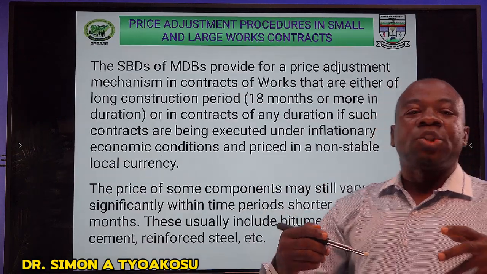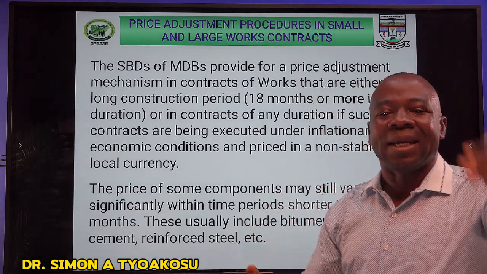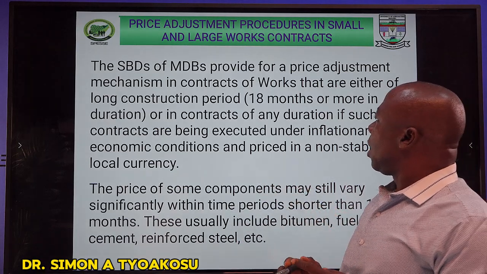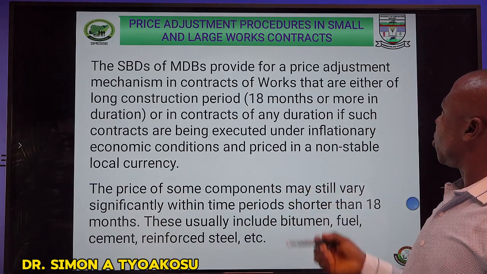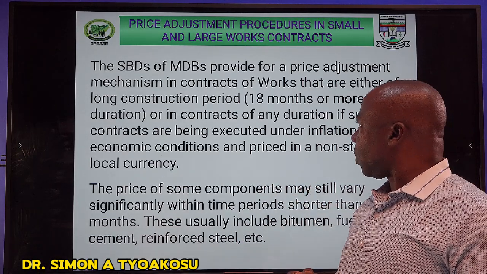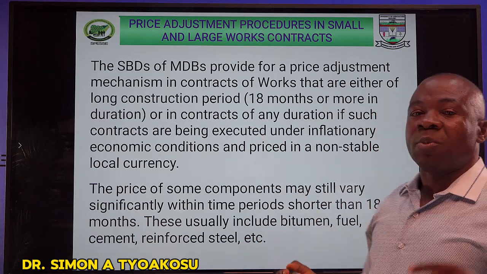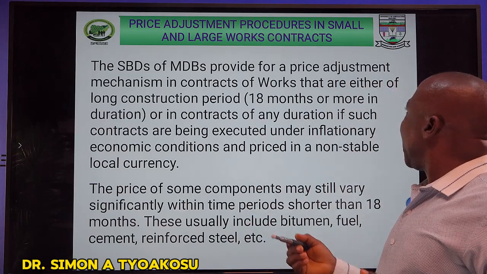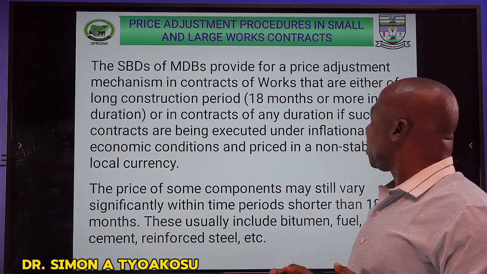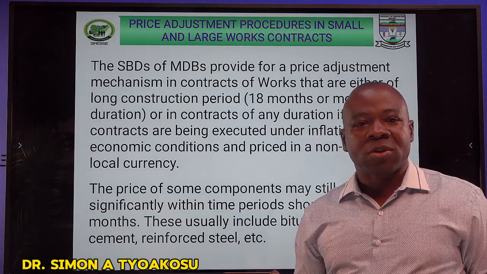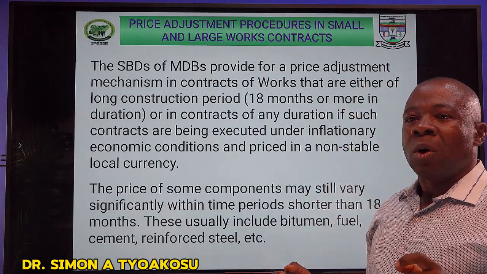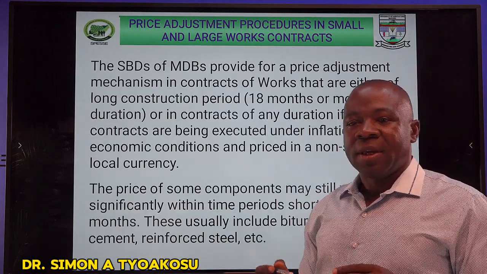We are saying that there should be every need to plan ahead in executing our contracts or our procurement procedures. The standard bidding documents of the multilateral development banks also provide for a price adjustment mechanism in contracts, particularly for works that are up to a year and a half, 18 months.